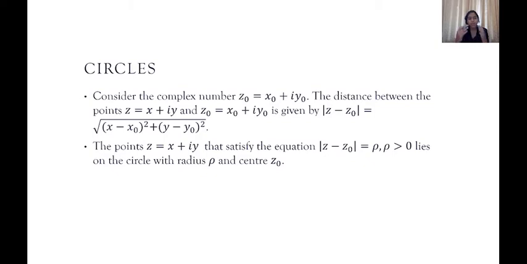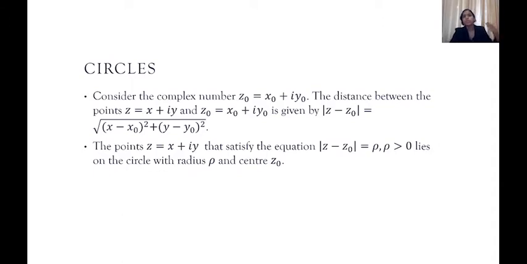How can we do that? When we consider the complex number z dot as a point, right? We can always treat a complex number as an ordered pair of real numbers. So z dot is nothing but the ordered pair of real numbers x dot and y dot, and z is nothing but the ordered pair x y.